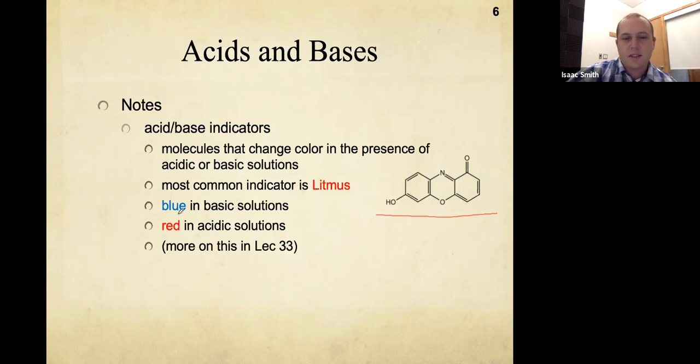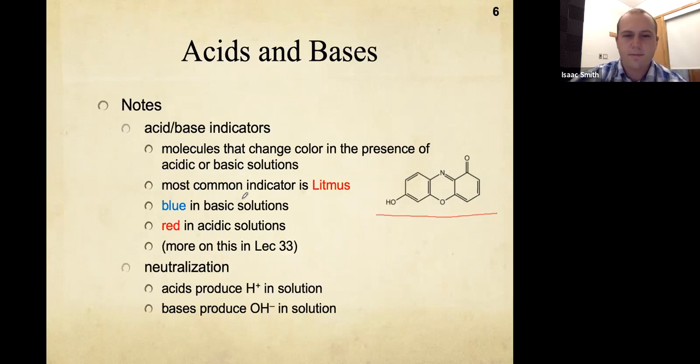If it's in contact with a basic solution, it's going to be blue, or an acidic solution, it's going to be red. We'll talk about that a little more, but for right now, that's all we really need to know about litmus. You don't need to know the molecule or anything, just know that basic solutions turn litmus blue, and acidic solutions turn litmus red.